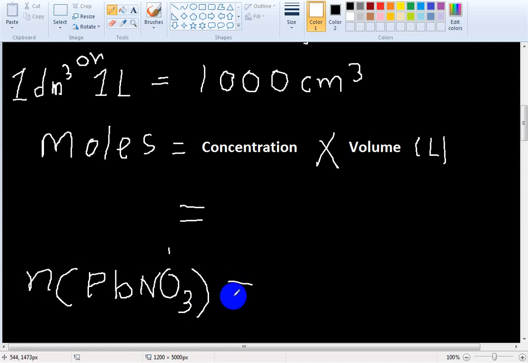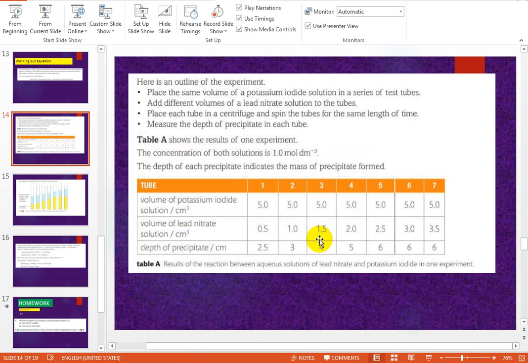What is the concentration? 1. What is the volume of lead nitrate in test tube 5? 2.5. Okay, this is in cubic centimeter. I must convert it into cubic decimeter.